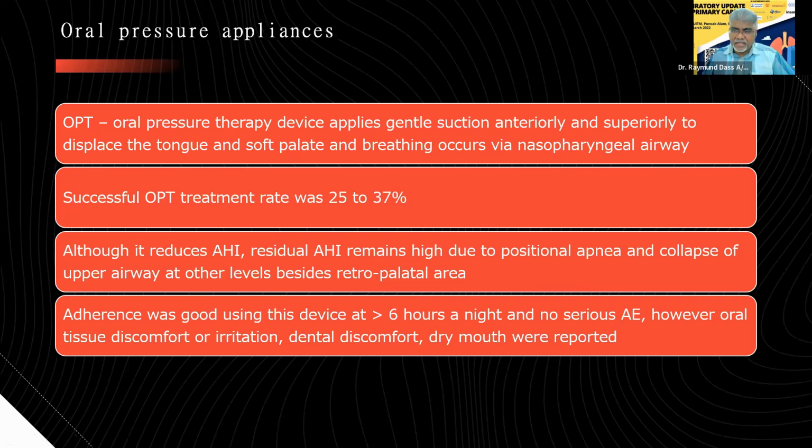Remember, I said earlier that the obstruction may not be at a single position. It could be in multiple positions. So by using an OPT, it only decreases obstruction at a single position.